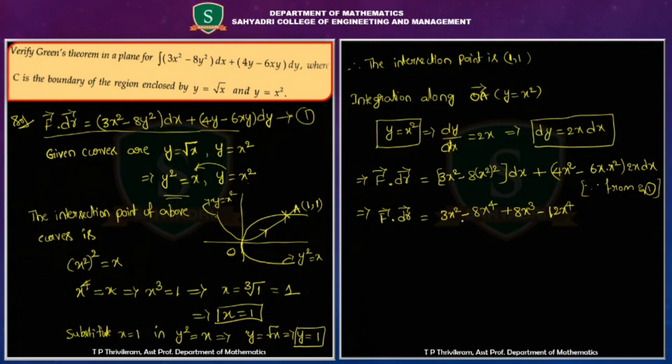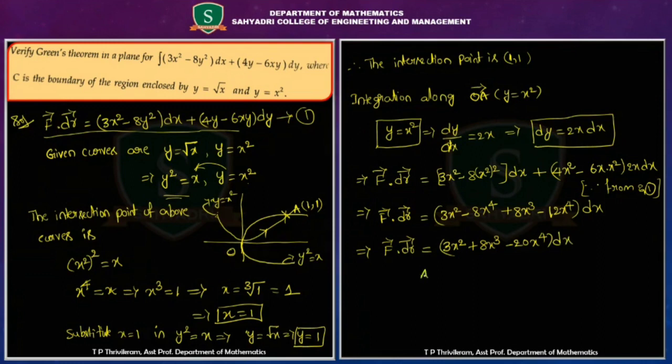Taking dx common, F dot dr is equal to 3x square plus 8x cube minus 8 minus 12, because the x power 4 terms are two, so I get minus 20x power 4, into dx.